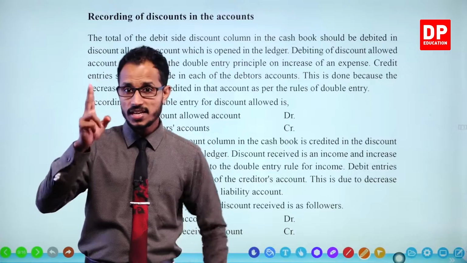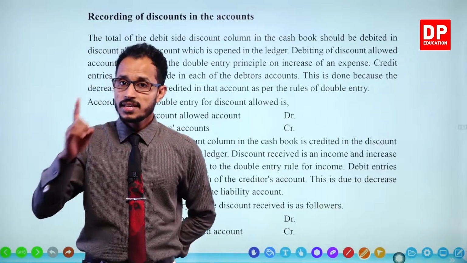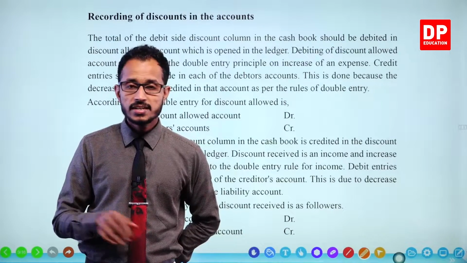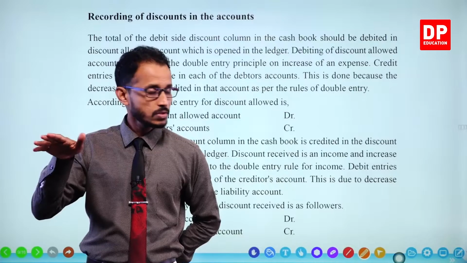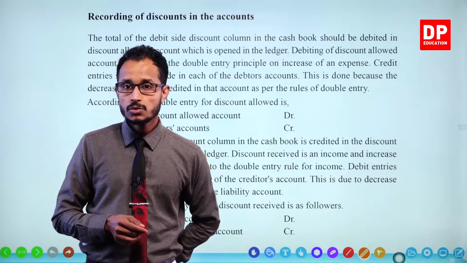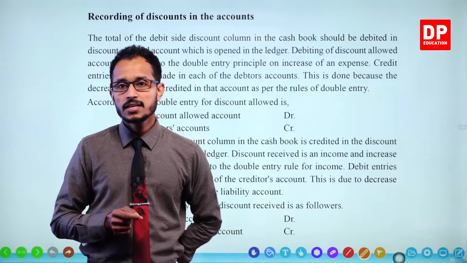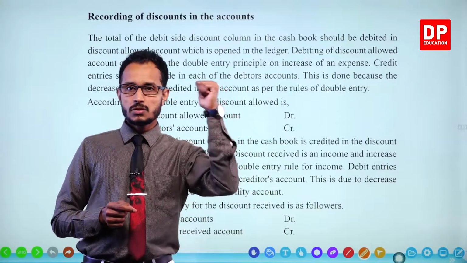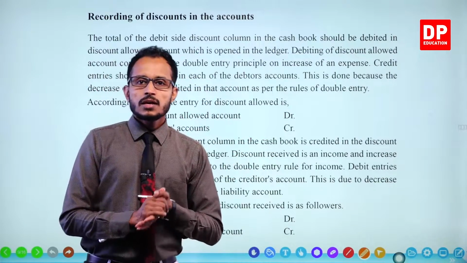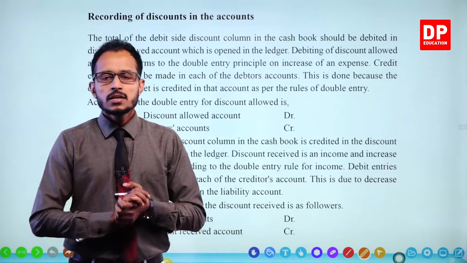And I told you very clearly, although trade discounts are not recorded in the books of accounts, in ledgers, we don't enter the trade discounts. Although we don't enter the trade discounts in our accounts, we must enter the cash discounts. Right? That's what we discussed in the last session.